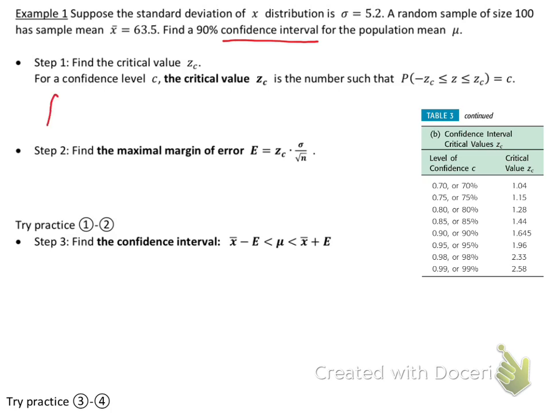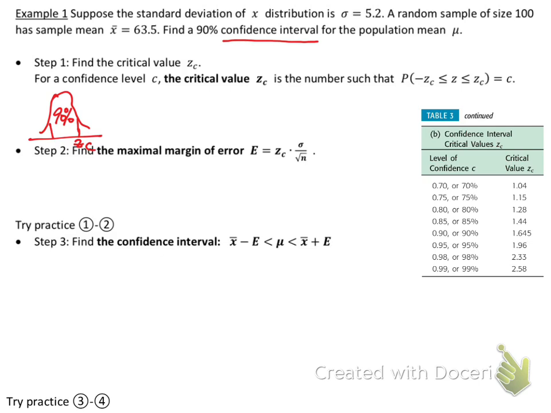The critical value ZC is the number with whatever percentage is in the center. Remember, we were computing if the probability between negative z and z is 90%, 95%, 99%. The reason we were doing the two-tail thing is because it actually gives you the critical value.